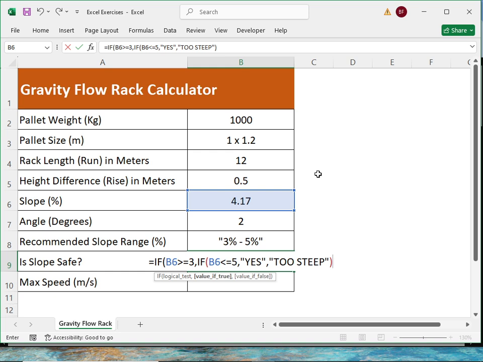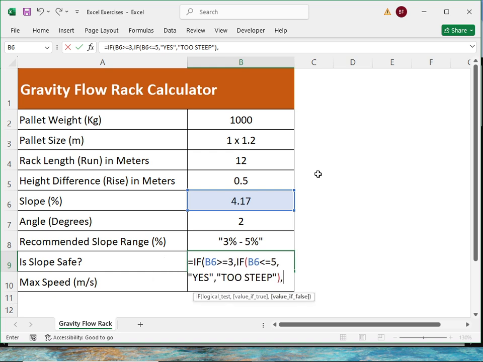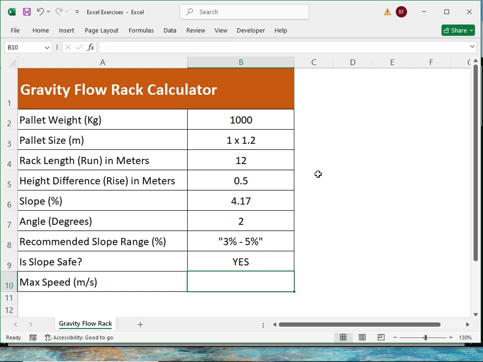Then that's it. But I'm going to add one more, which is too flat. Then I'm going to close it and enter.